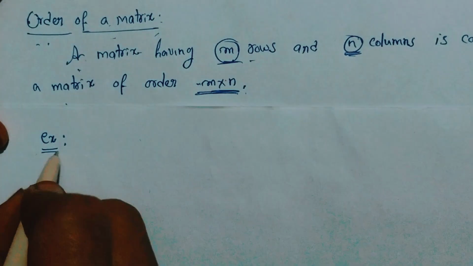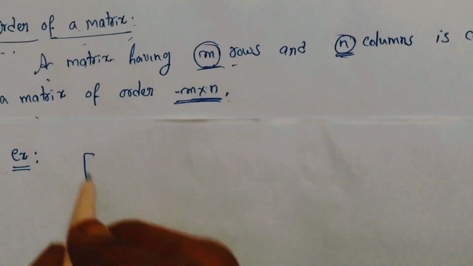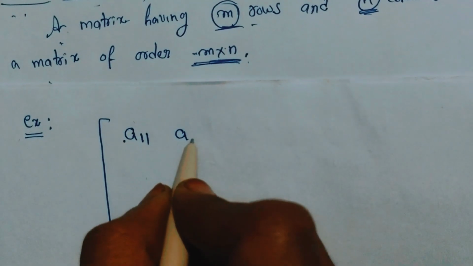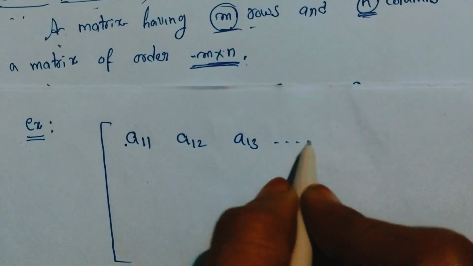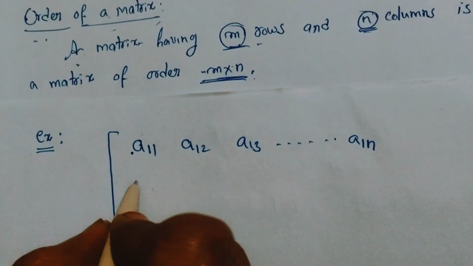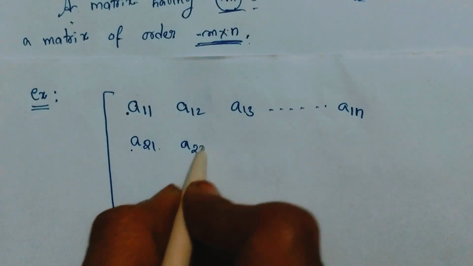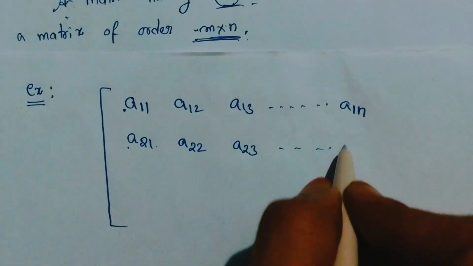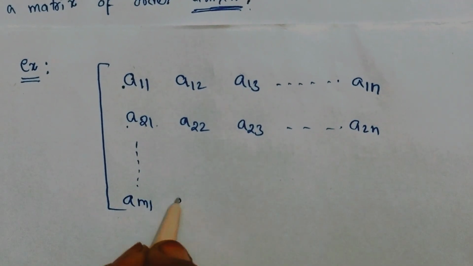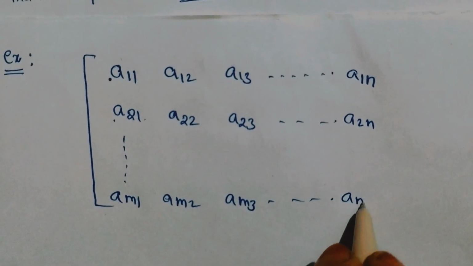As an example of the order of a matrix, we have a matrix with elements a11, a12, a13 and so on up to a1n. The second row is a21, a22, a23, and so on up to a2n, and up to the last row am1, am2, am3 and so on up to amn.